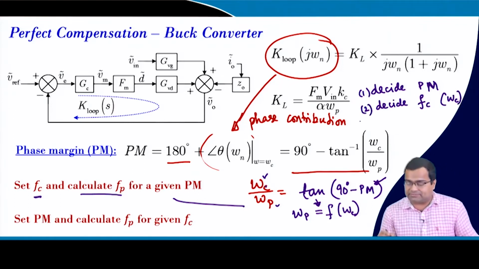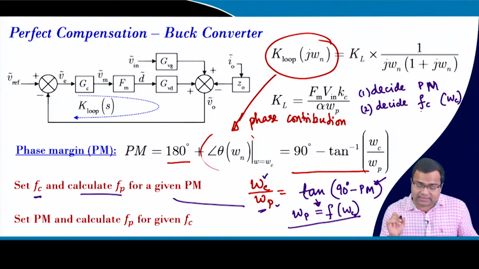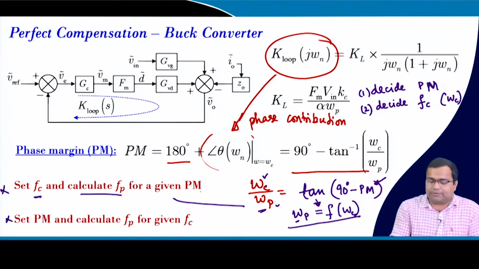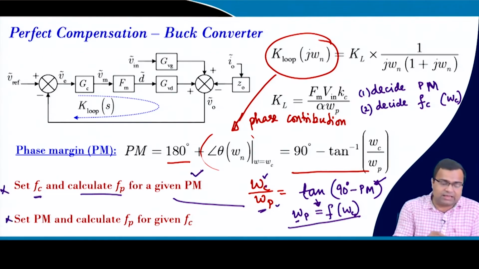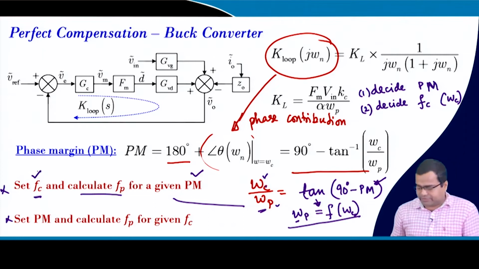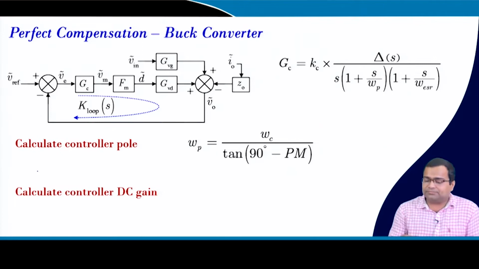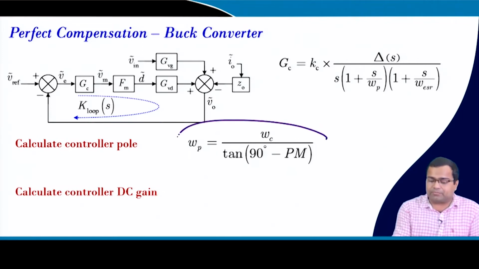If you decide the phase margin, then you will get a relationship between omega p and omega c, and if you set omega c, then you can find omega p from this relationship. So, you can get these two values for a given phase margin as well as a given cutoff frequency. That means the controller pole can be computed from this relationship.